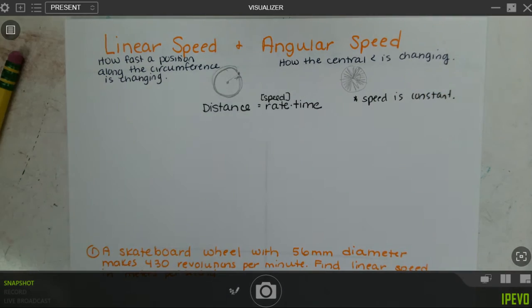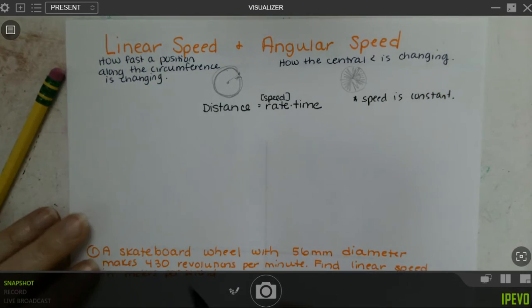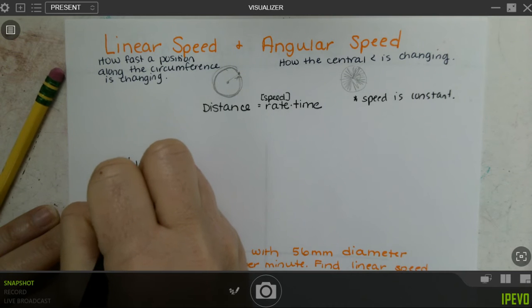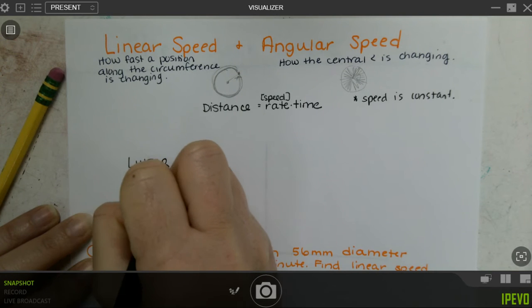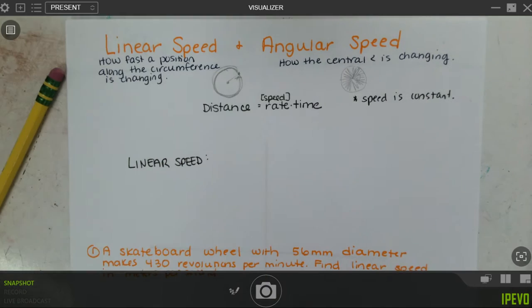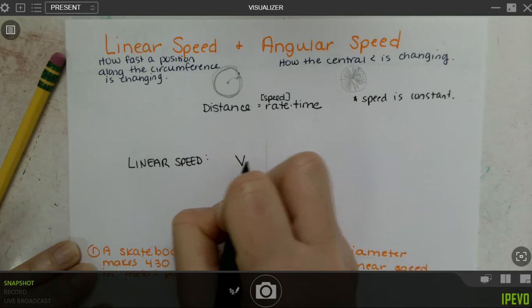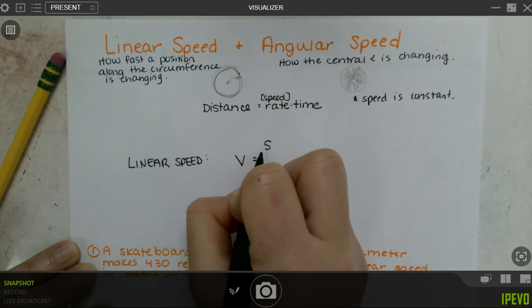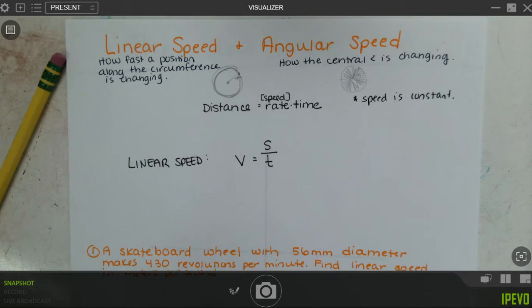All right, so for us to do linear speed, that's the speed of that point going around the circle, the formula is v equals s over t. The v is speed.